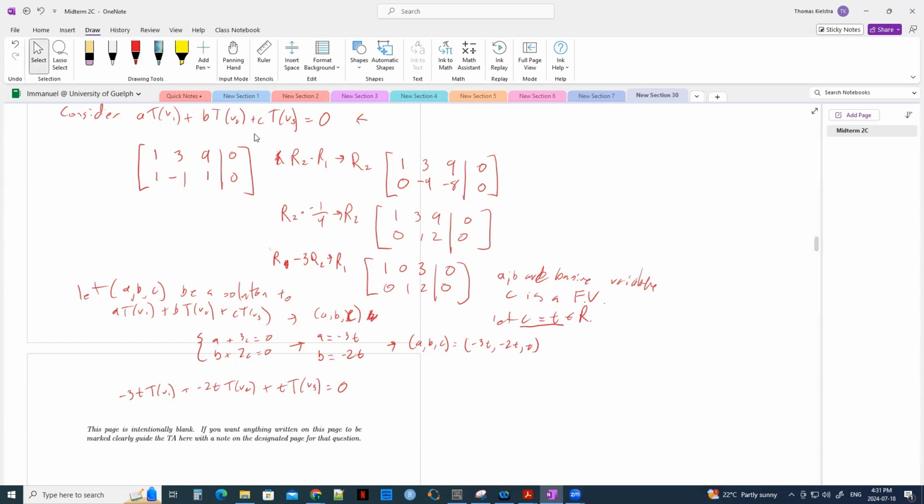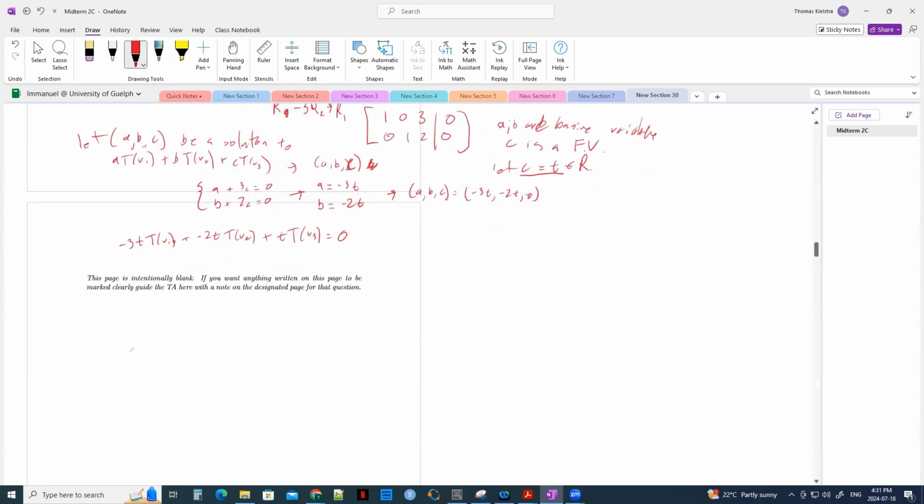This implies that T of (-3t v1 - 2t v2 + t v3) equals 0. And now we have a linear combination of elements.